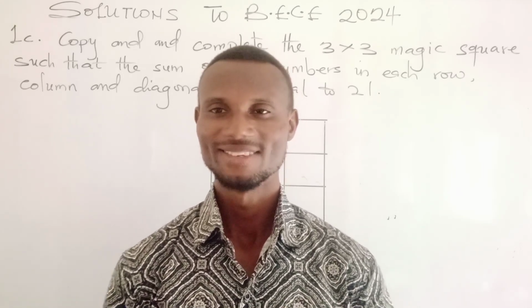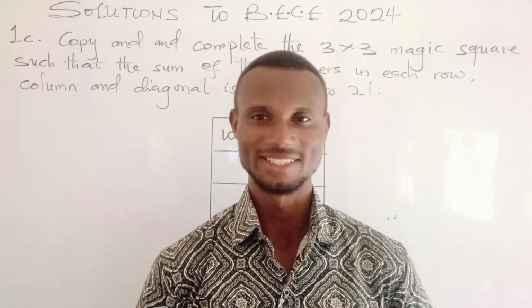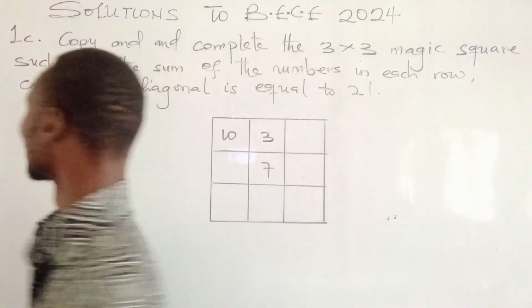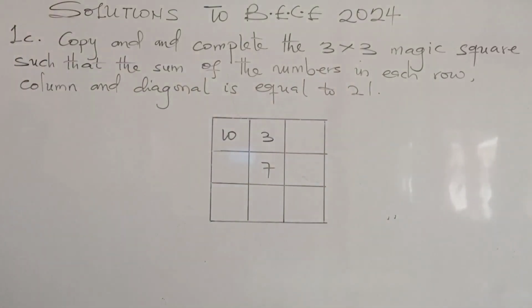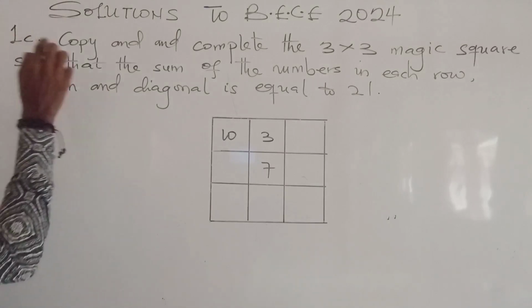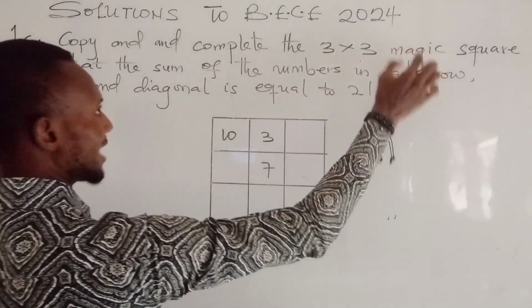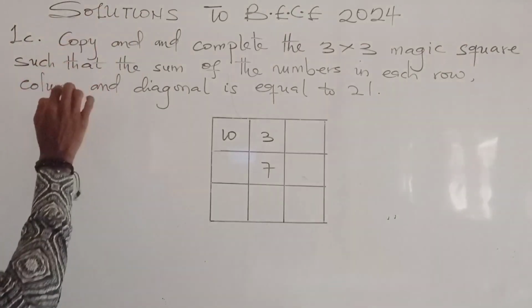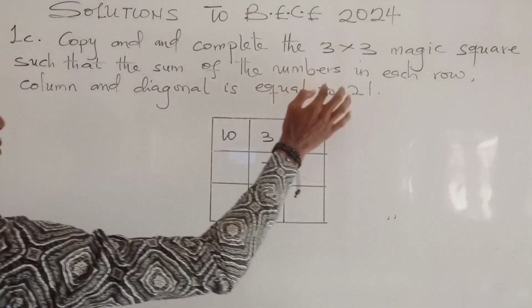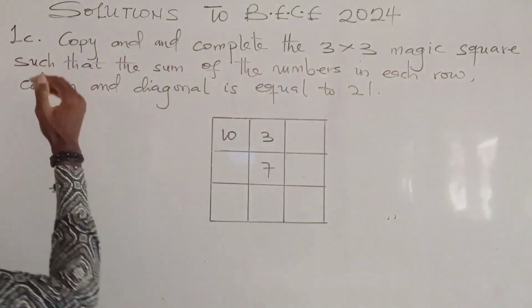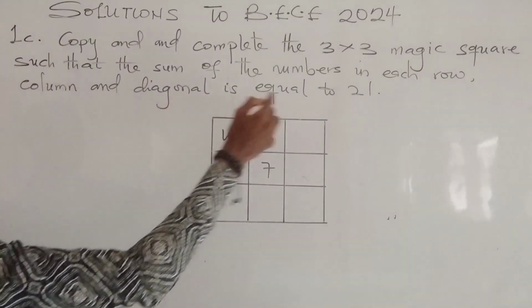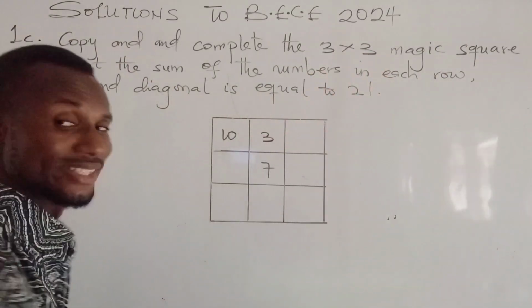Let's go ahead and take a look at the question. Let's read it together. Question 1c says: copy and complete the 3 by 3 magic square such that the sum of the numbers in each row, column and diagonal is equal to 21.